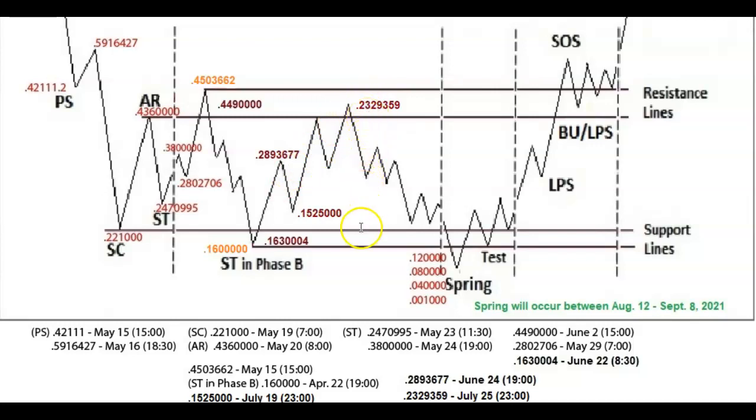And if this is compressed down to here, if this point, which should be up into the 40s, is now compressed down into here, which is below the ST line, and this point is below the ST and phase B line, so this is compressed down here.